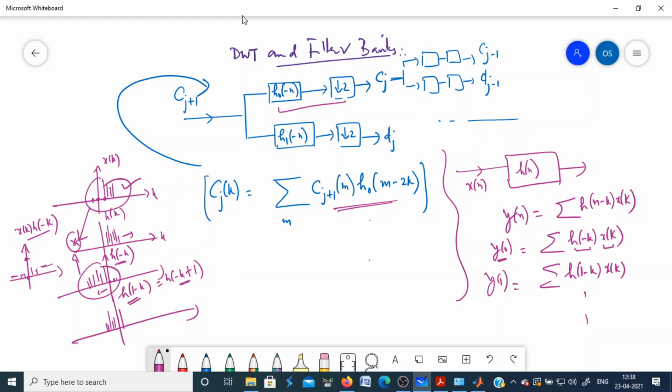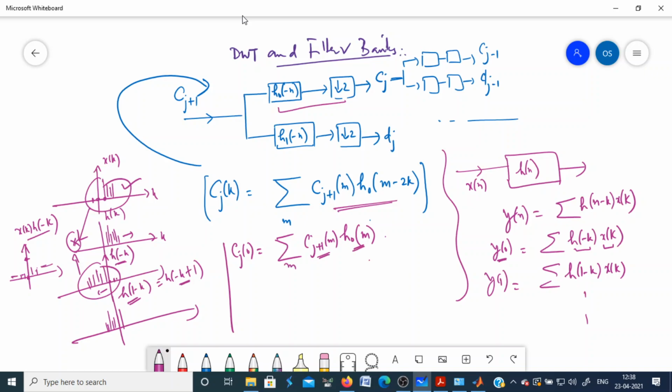Now from this equation, if you say Cj of 0 for k is equal to 0, what do you get? You get Cj plus 1 of m into h naught of m, since k is 0. So you are multiplying the two sequences directly.